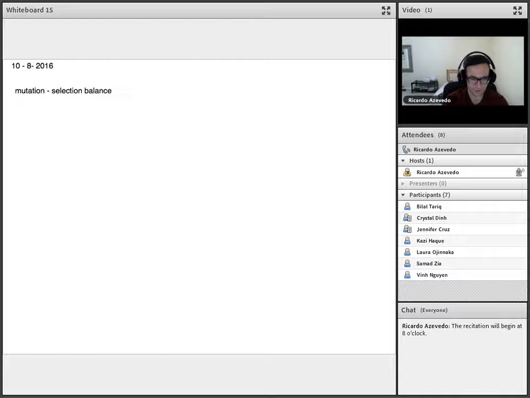So the fitness values of, if it's simply recessive, it means that W11 and W12 are the same, but W22 has the lowest fitness.